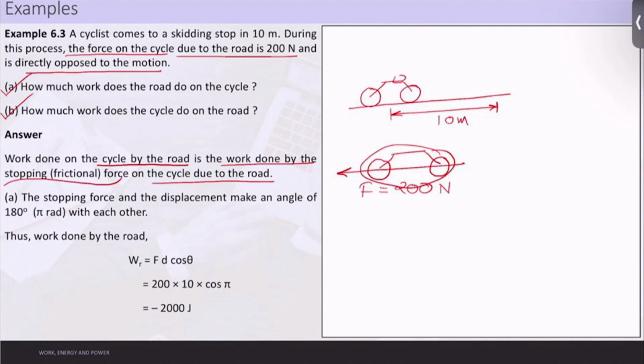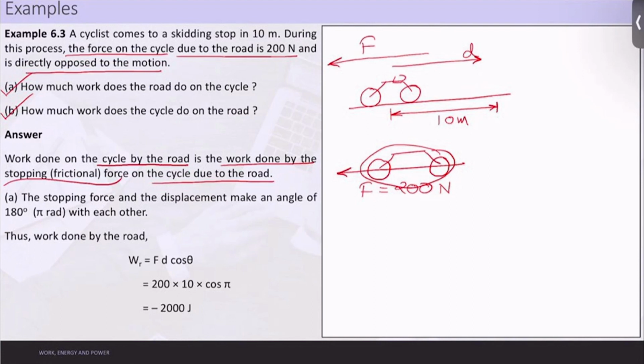Let us say the road was some person trying to block you. How was this blocking done? By a concept called friction. Therefore, what is the work done on the cycle by the road? Because an opposing force is being applied, the displacement was in this direction and the opposing force is acting in this direction.